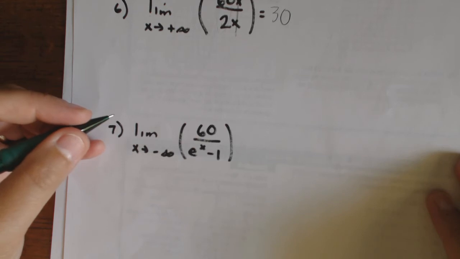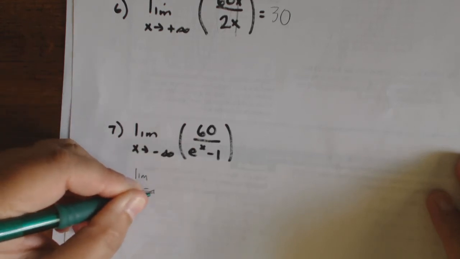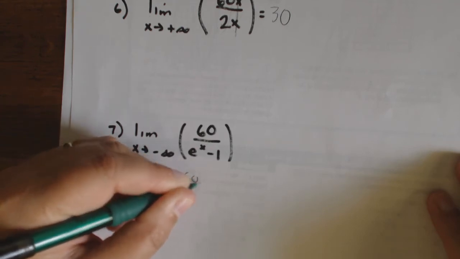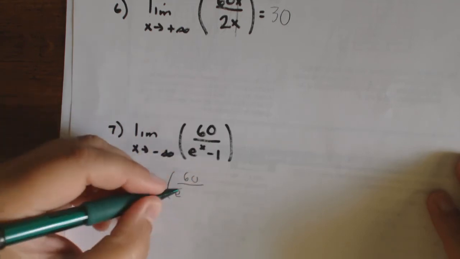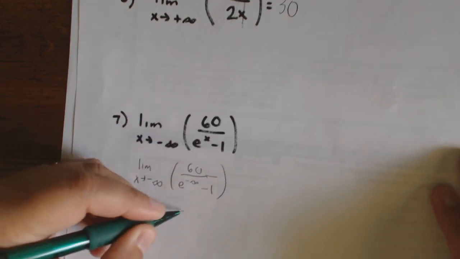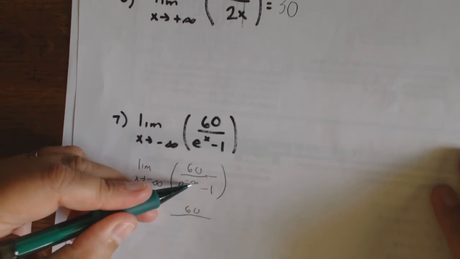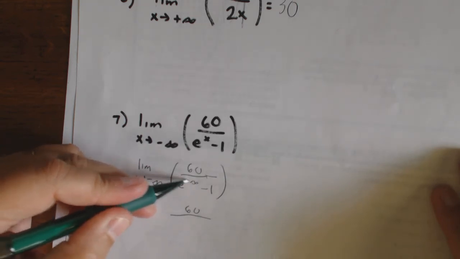Got a little work to do here. So if I plug in negative infinity here, you can use negative exponents. Remember, a negative exponent isn't a negative number. That just flips it.